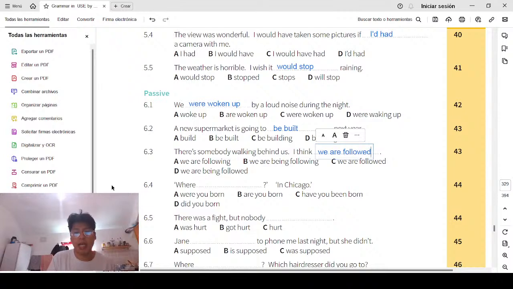The focus is not who made the action, the focus is the object.